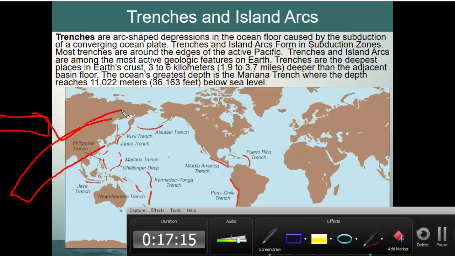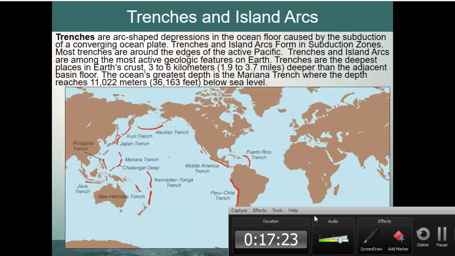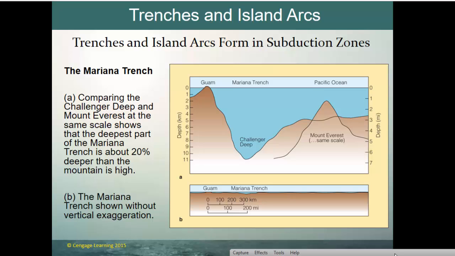There is the oceanic trench, and with these very fast subduction zones, you get these very deep trenches, and that's where our ocean trenches come from. So there's the Mariana Trench and the Challenger Trench. Actually, deeper than Mount Everest is high, and I guess that's the point. About 20% deeper than Mount Everest is high.